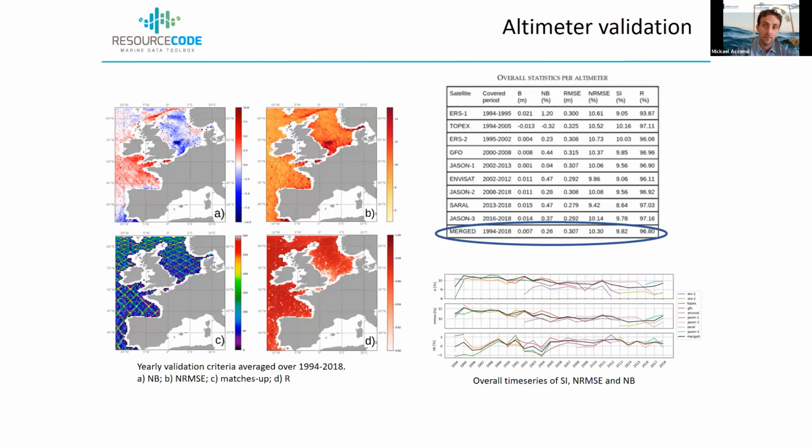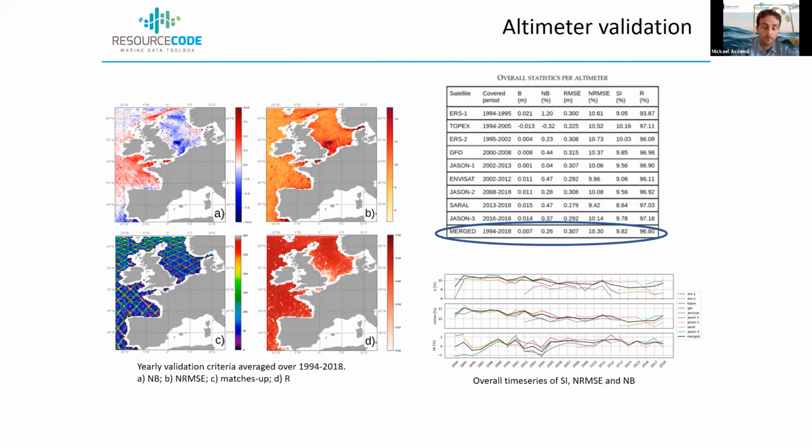And those differences can be due to the wind forcing, but also to the model parameterization, or either to the altimeter data processing. And on figure B, you can see the normalized root mean square error, which is about 10% with a slight increase of the error in the North Sea and closer to the coast.